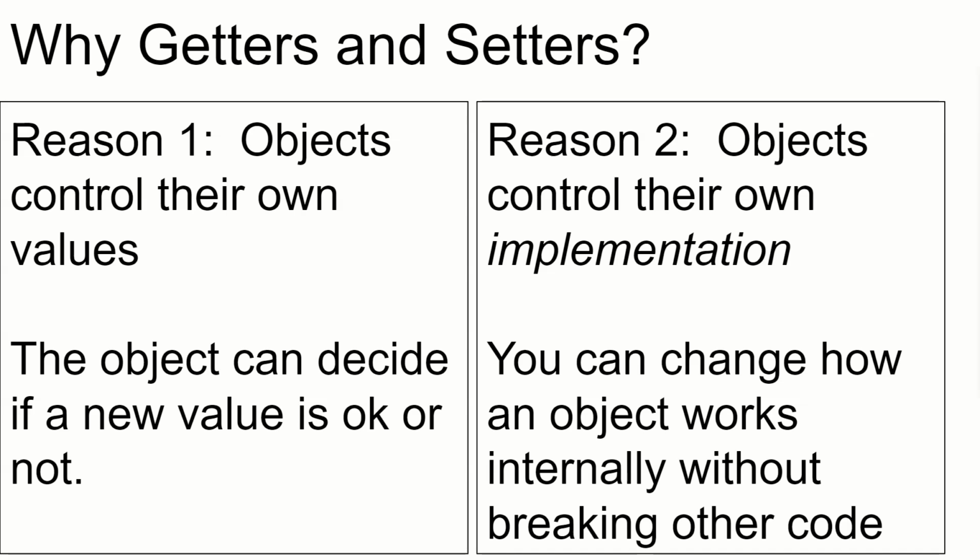If objects control their own implementation, that's how they work rather than what they do, that means that you can change how an object works internally without breaking other code. And this happens a lot for bigger projects. You might think of a more efficient way to do something, or you might decide that you want to extend it to make it more complicated. And as long as your objects are self-contained, as long as they're modular, as long as they control their own implementation, you're free to do that and you won't break anything.